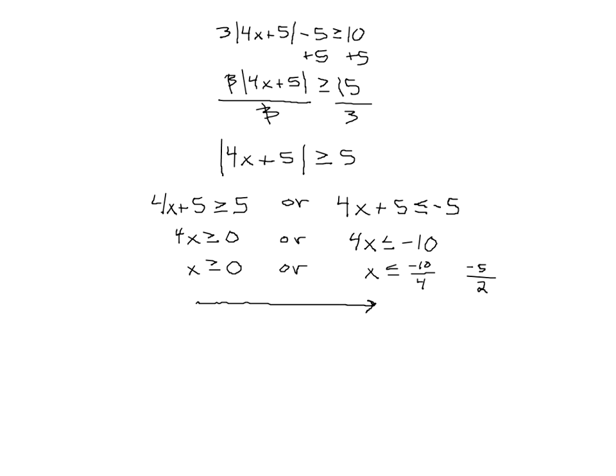Just to save room, I'm writing it out to the side. Okay, so our number line needs a 0 and a negative 5 halves. X is greater than or equal to 0, so that's a bracket going towards positive infinity. And x is less than or equal to negative 5 halves.